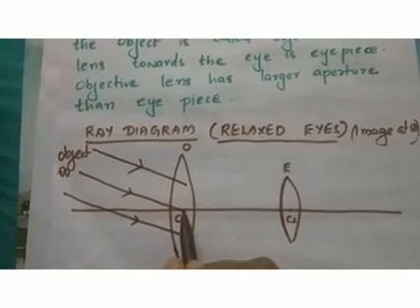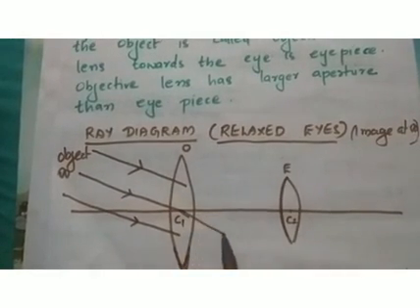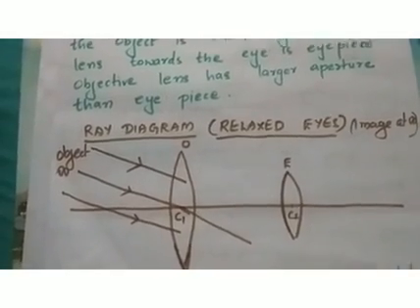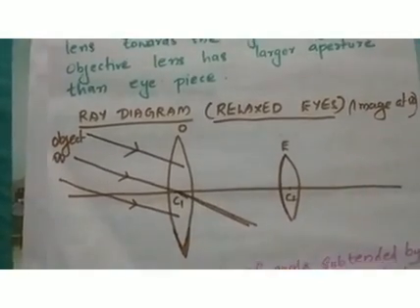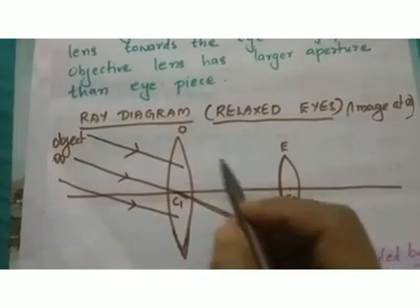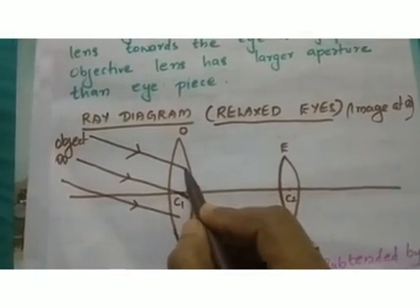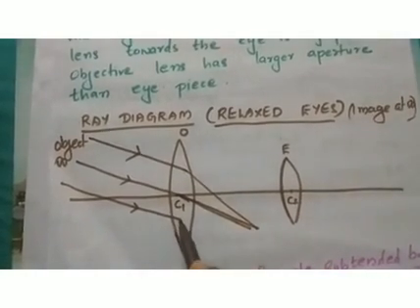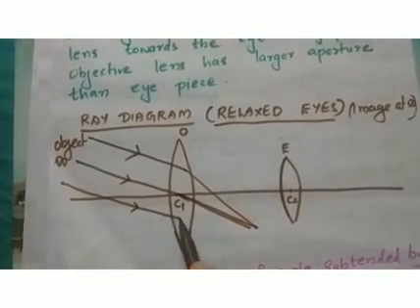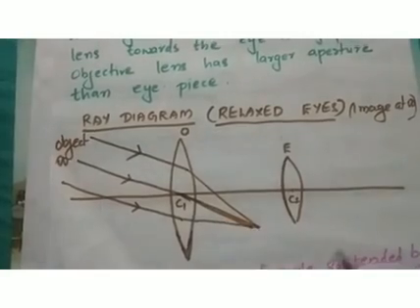Now you know this ray passing through the center of the lens will pass without any deviation. So this ray will go straight like this, without any deviation. Now, this ray will bend and suffer refraction like this. This ray will also bend and suffer refraction like this.